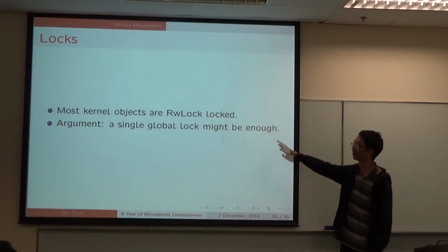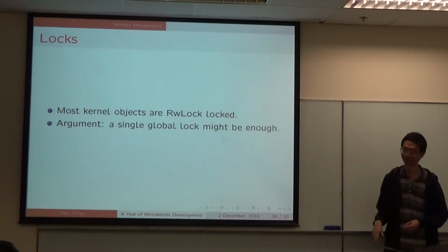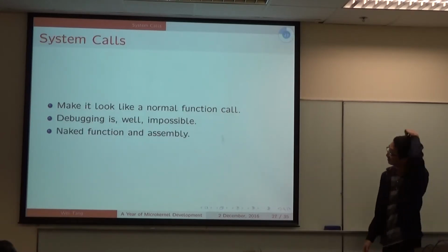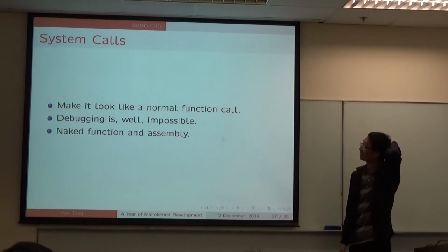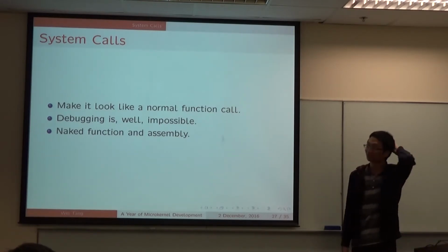Of course, there are some arguments. For example, the seL4 team try to argue that a single global lock might be enough for some kernel considerations, but that's for another talk.